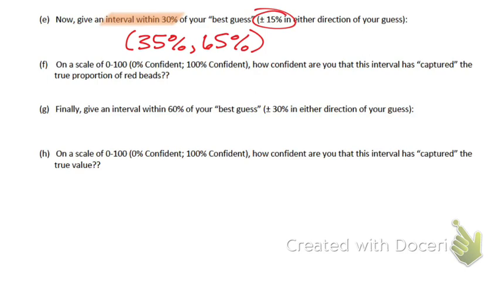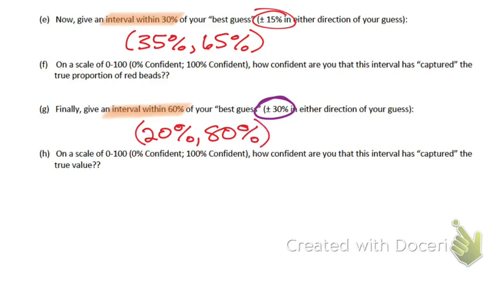And then finally, give an interval within 60%. So that is 30% in either direction. Now look, for my guess of 50%, I am now saying that I think the true value is somewhere between 20% and 80% in here.